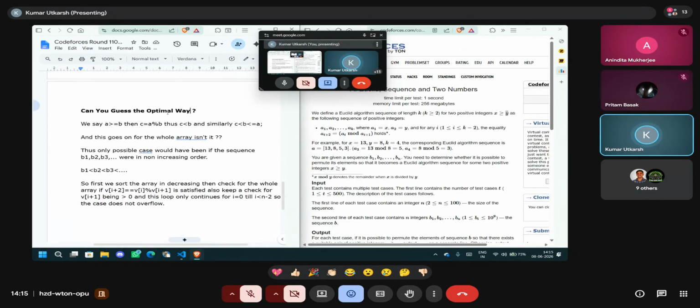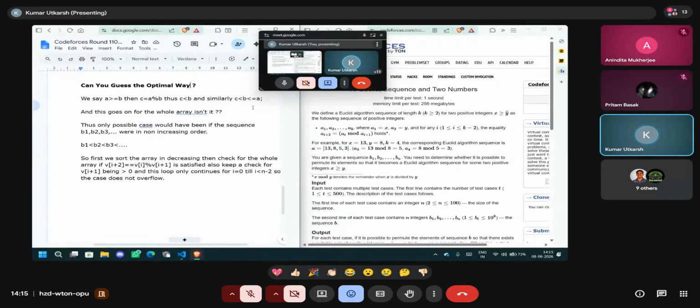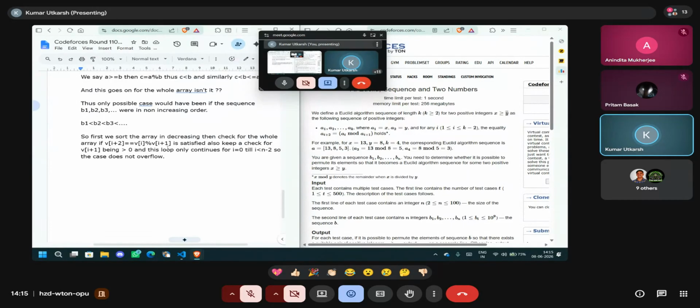And you guys already guessed the optimal way. We can say that A is greater than or equal to B and C is A mod B, right? So C is less than B. Similarly, as B is less than or equal to A, C must be less than B, which is less than or equal to A. So to check if the whole array works, we need to only sort it in non-increasing, or decreasing, order.